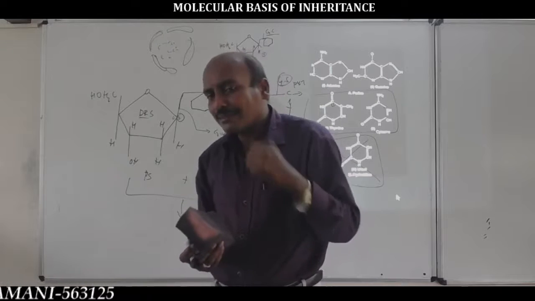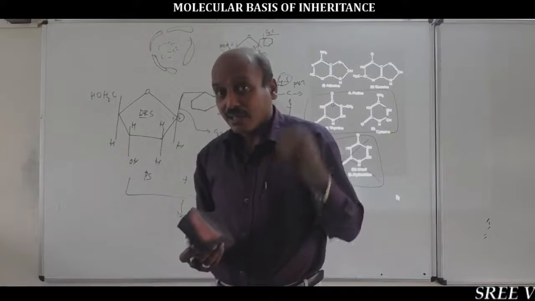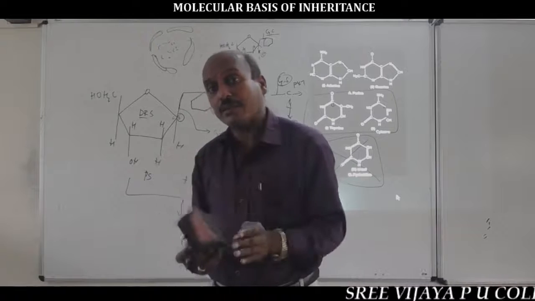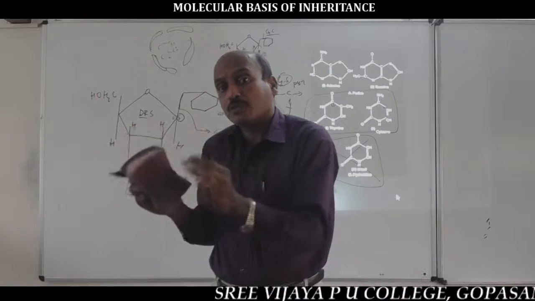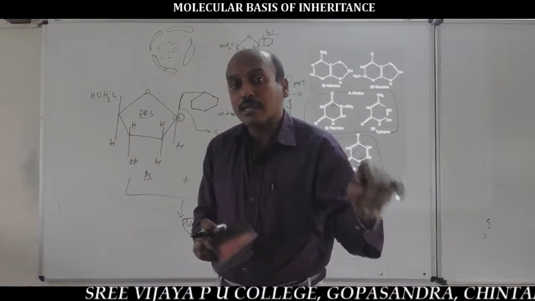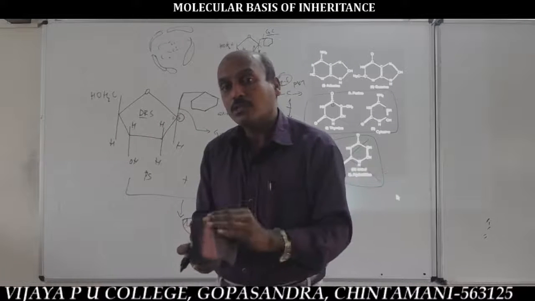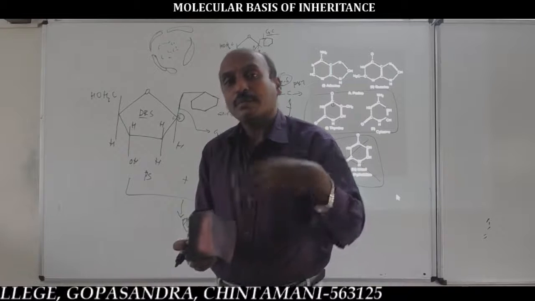Whenever the cell enters interphase, you should remember this statement, in the first phase of interphase, the G1 phase, this process occurs. That means the nitrogen base binds to the pentose sugar to form the respective nucleoside.